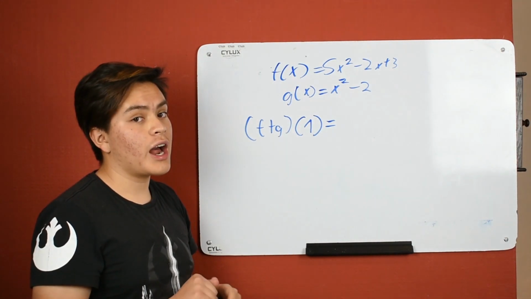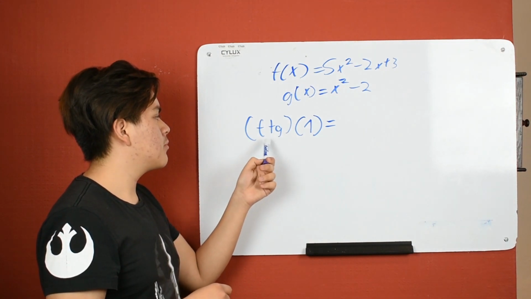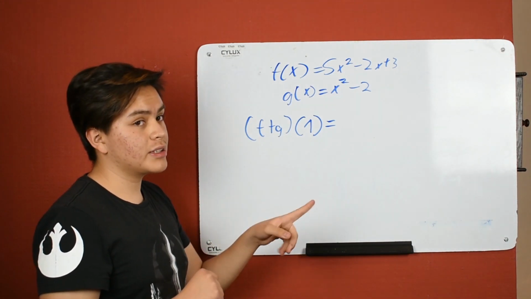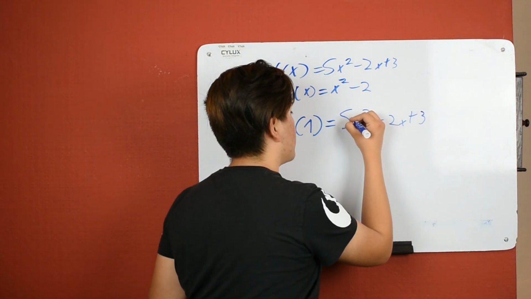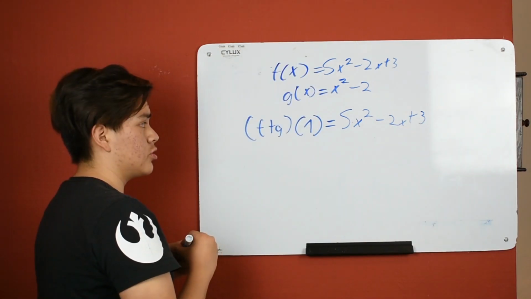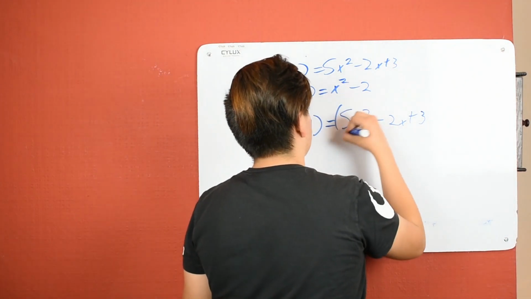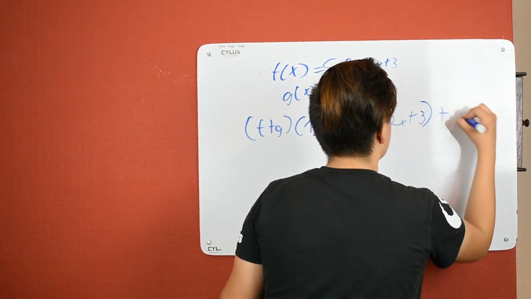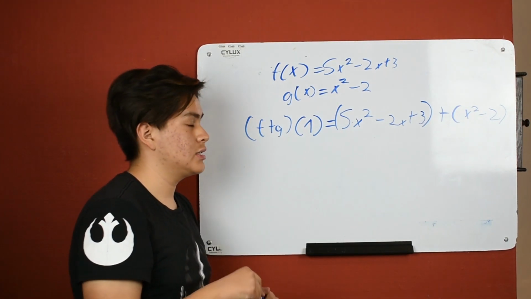So the question is asking us to sum f plus g and replace the x with 1. So we have 5x squared minus 2x plus 3. So we have to sum it with g. Put it in parentheses and so what we have to do next.